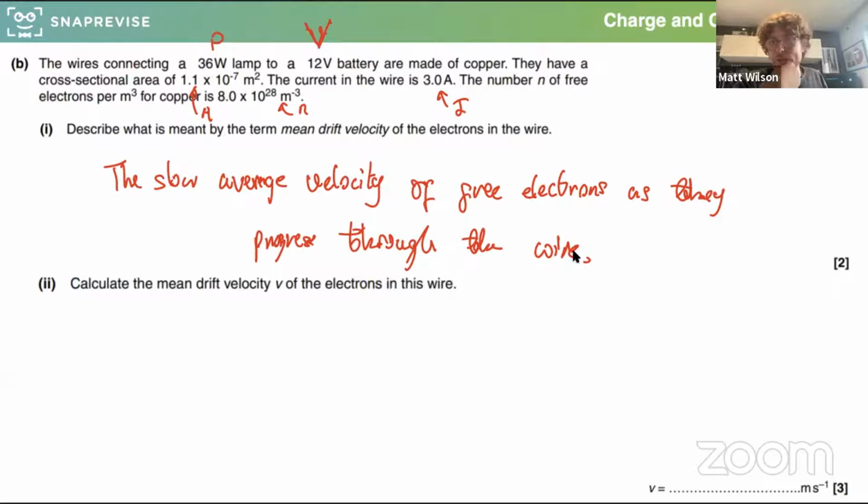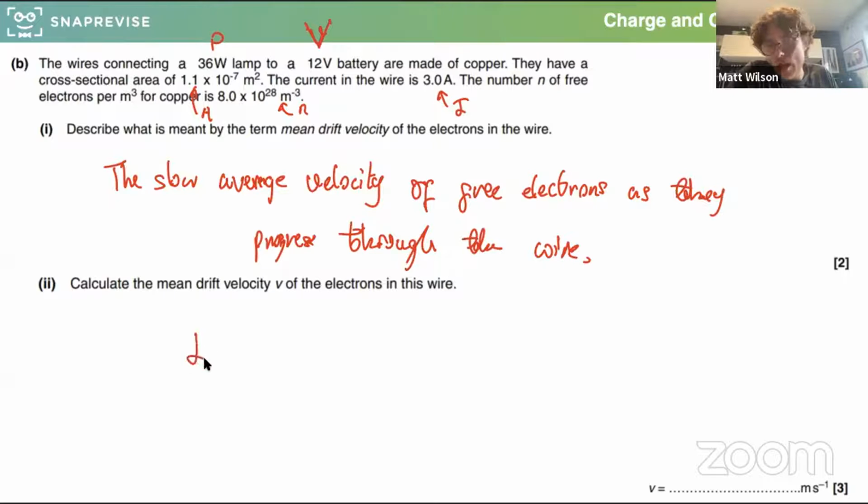Okay. Calculate the mean drift velocity, V, of the electrons in this wire. What equation should we use for this? Again, the symbols that we've had to write down just to read the question should give us a hint here. Indeed, it's going to be the transport equation.